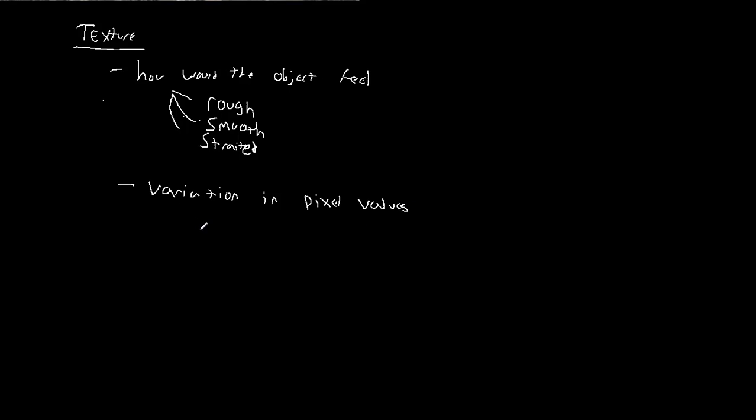Right, and so if you would describe something as rough, typically what that means is there's a high variation in pixel values. If we were to describe something as smooth, this would mean there's a low variation in pixel values.